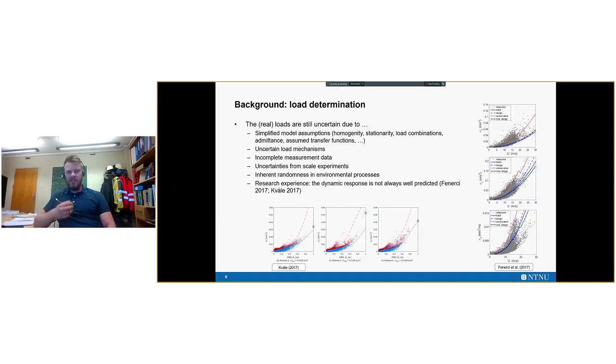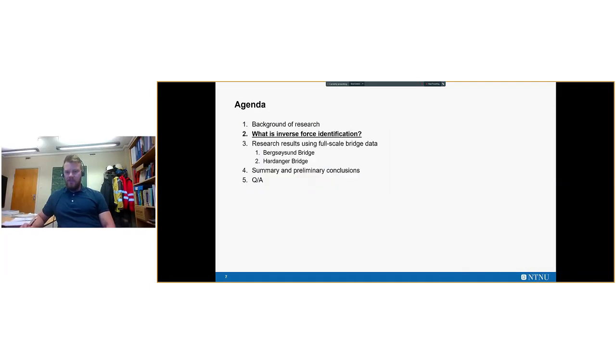And in addition to this, from our research experience in our group, we see that we cannot always predict the dynamic response of the bridges very well. And all these points indicate that the loads are not always well known. And this brings us to the inverse force identification.